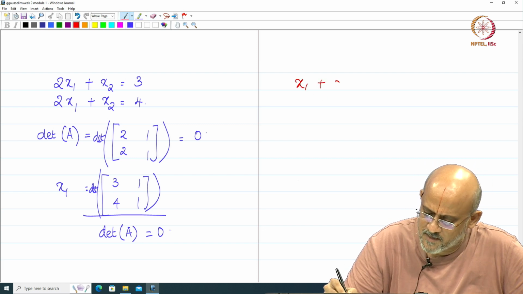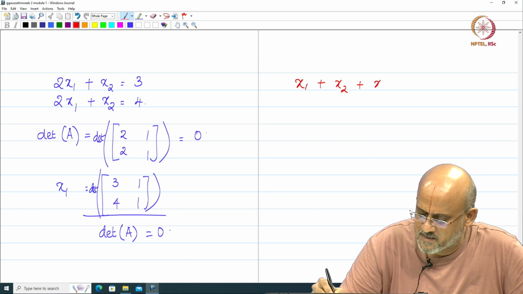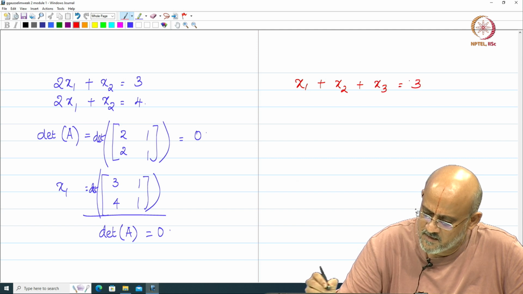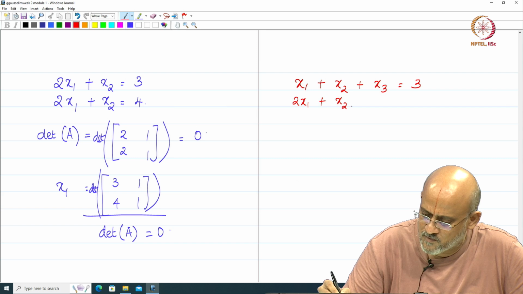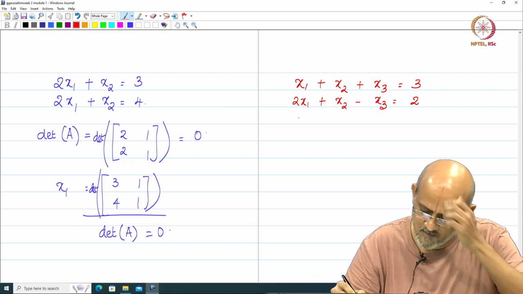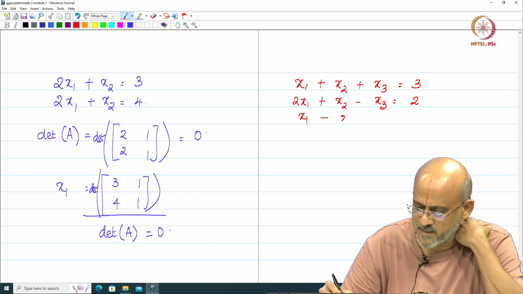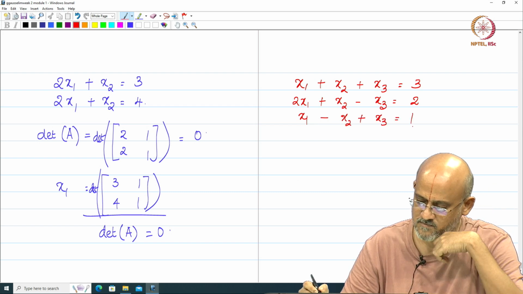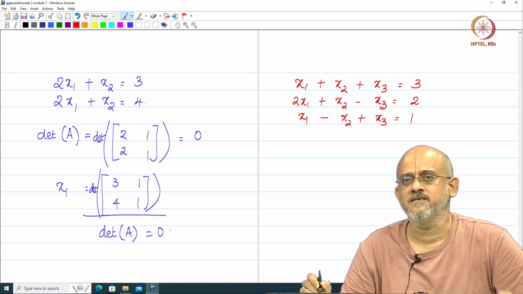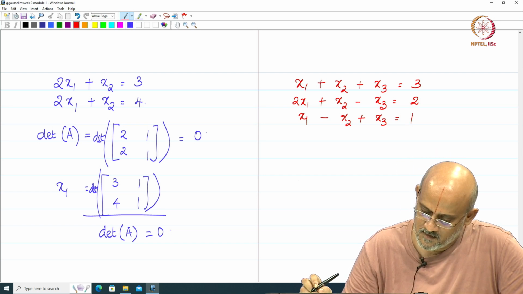We say x1 plus x2 plus x3 is equal to 3. Let us say 2x1 plus x2 minus x3 is equal to 2. Then x1 minus x2 plus x3 is equal to 1. Let us see what happens.